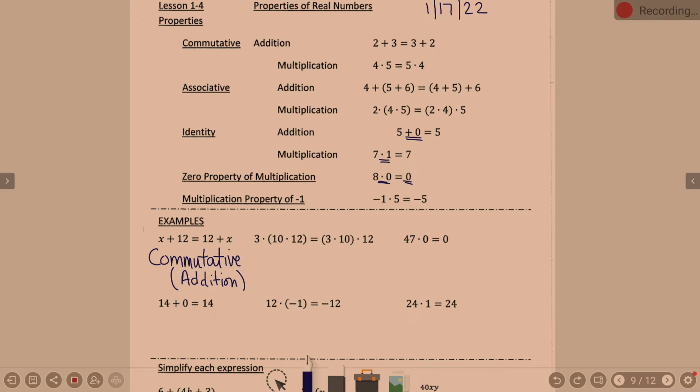The numbers do what? They stay in the same order, but the parentheses move. Is that what's happening? 3, 10, 12? Yeah. The parentheses move from being around one set of them to the other set. And so, yes, this is the associative property. Officially, I should say the associative property of multiplication.